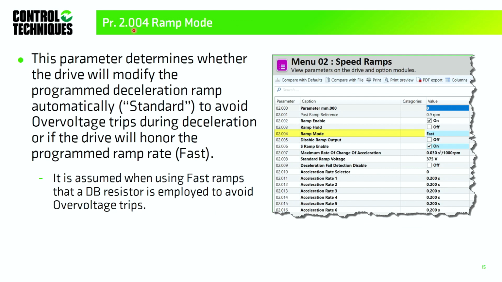Next, I'm going to adjust ramp mode. Menu 2, parameter 4. So by default, it uses what's called standard ramps.